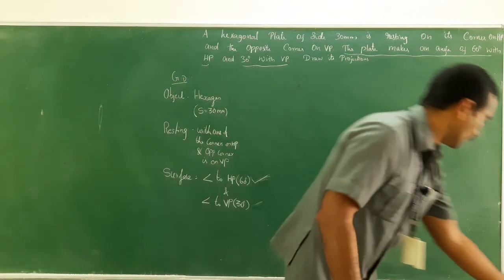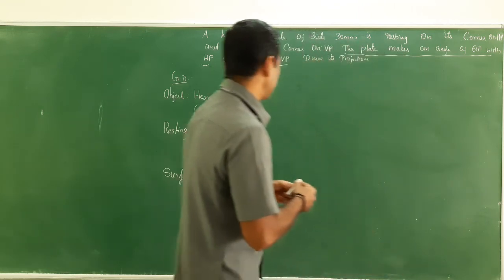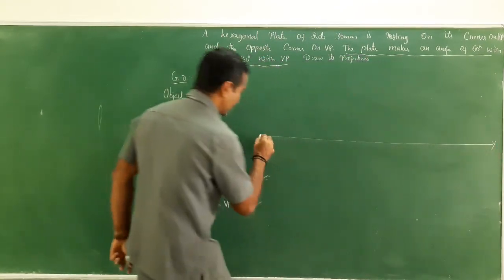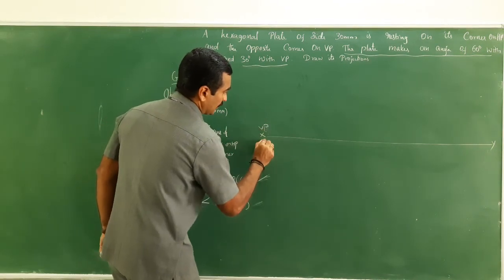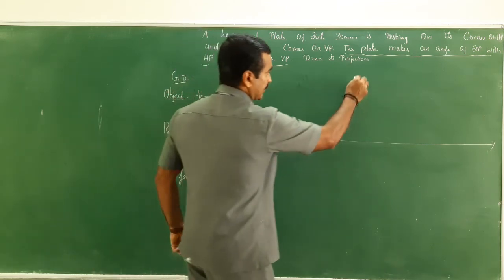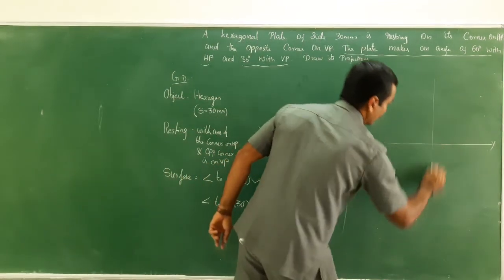So just follow how I am going to proceed with the diagram. This is the XY line, which represents the reference line or the ground line. There are three stages, isn't it?